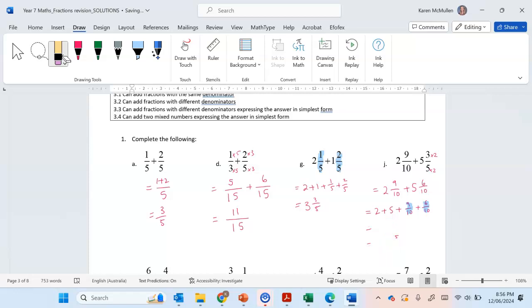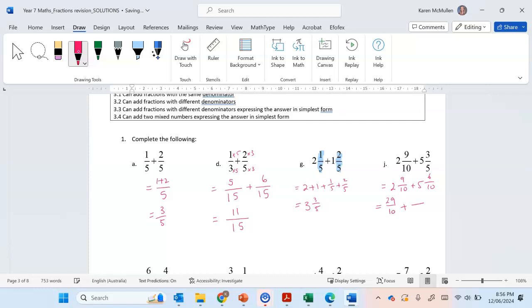All right, so you could also change it to an improper fraction and then add them together. I probably didn't need to delete that first line. So let's put them back as fractions over 10. All right, so changing the first fraction to an improper fraction, our denominator stays as 10. 2 times 10 plus 9 is 29.